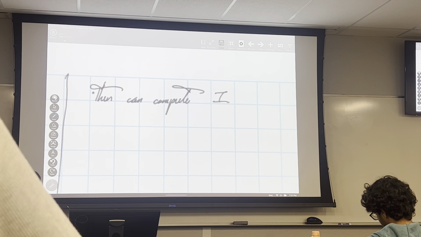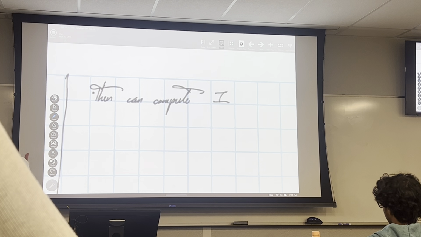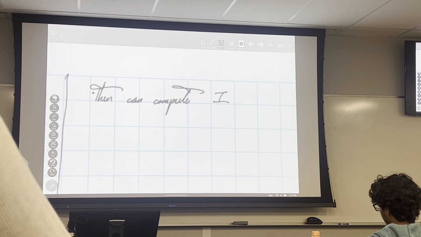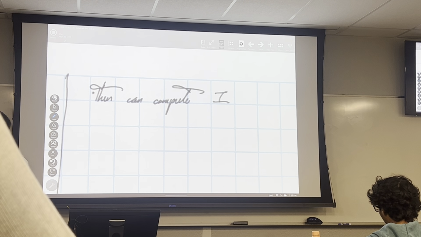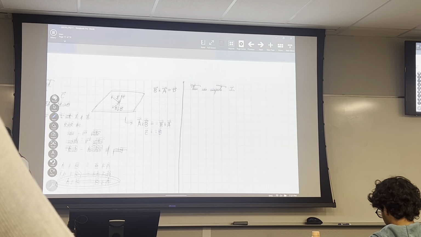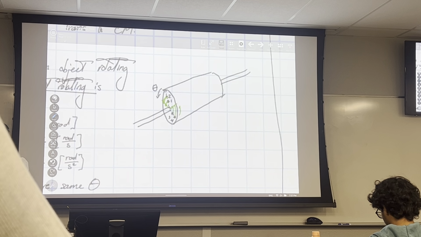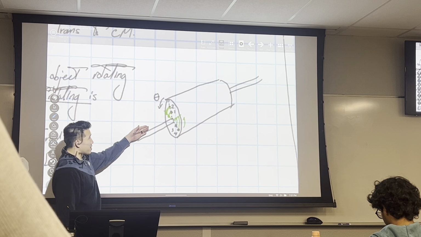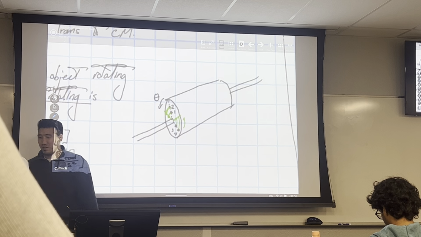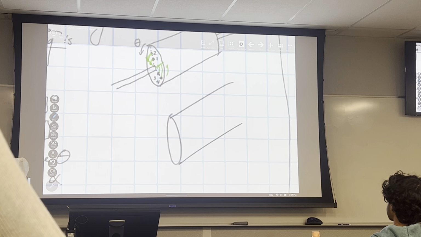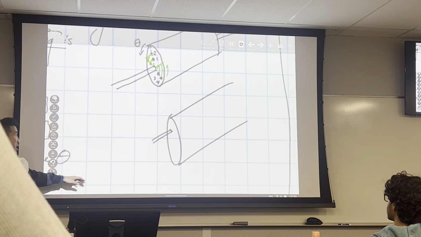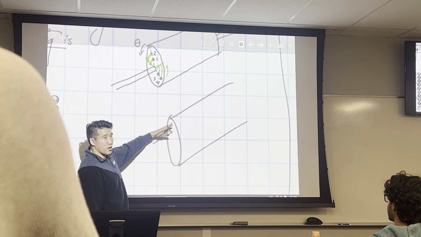Now here's the thing, you're not always going to need the center of mass. You only need it if it's freely rotating. However, not everything rotates around the center of mass, because instead of having the cylinder have the axle right around the center, you can have your axle all the way up here, at which point it's going to be rotating not around the center but over here.